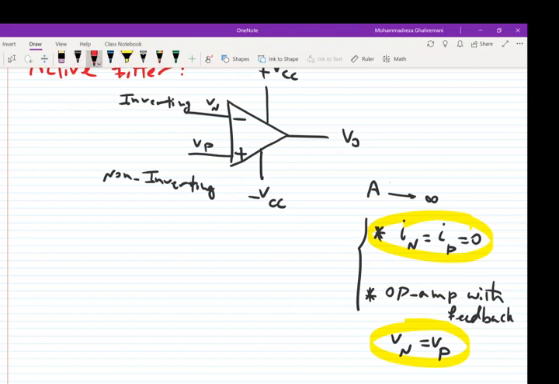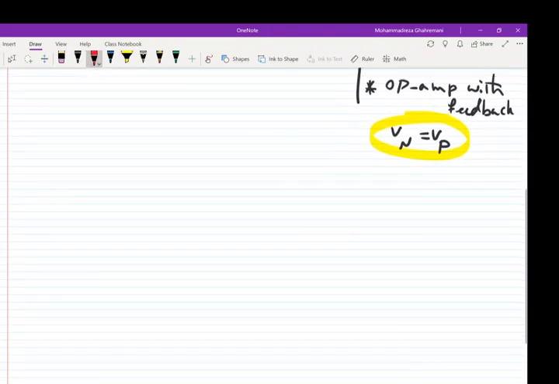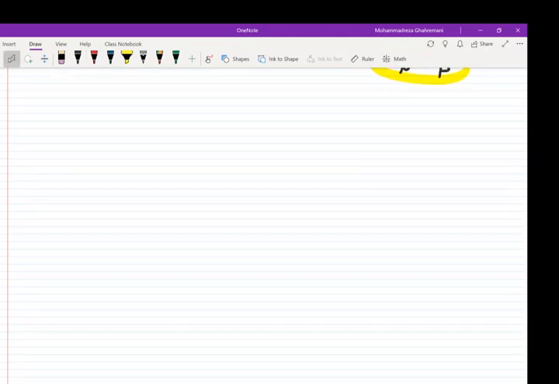So let's start our discussion on active filters with one example.